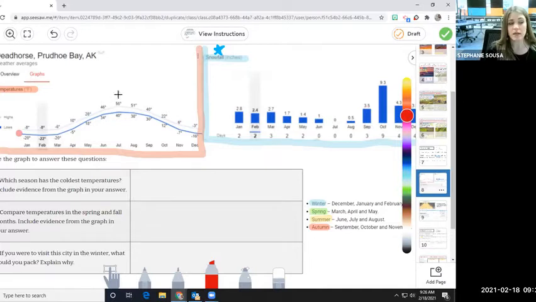Then we come over here to our higher point in July. In July, the high is 56 degrees. So it's still pretty chilly. You need a jacket. And that is the hottest it gets all year, 56 degrees. The low is 40 degrees, which is only 8 degrees away from freezing.